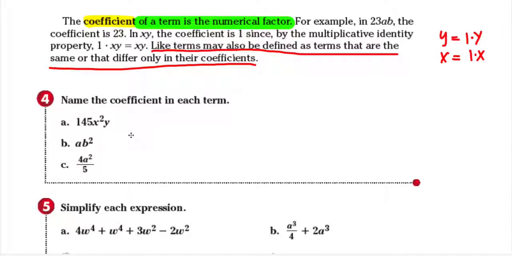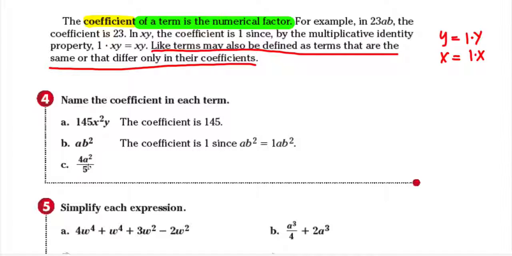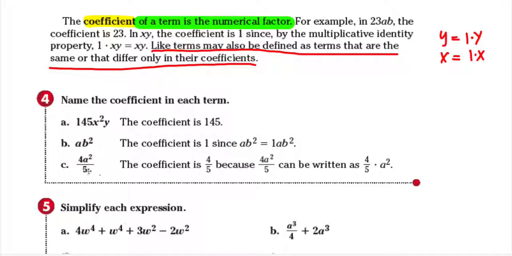Pretty simple: 145x squared y. The coefficient, of course, is 145. In this case, the coefficient is 1, and for 4a squared over 5, the coefficient would be 4/5, because 4a squared over 5 can be written as 4/5 times a squared.